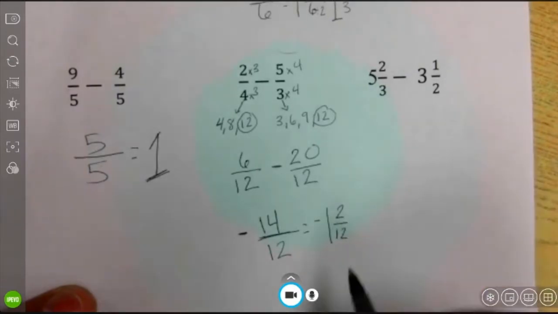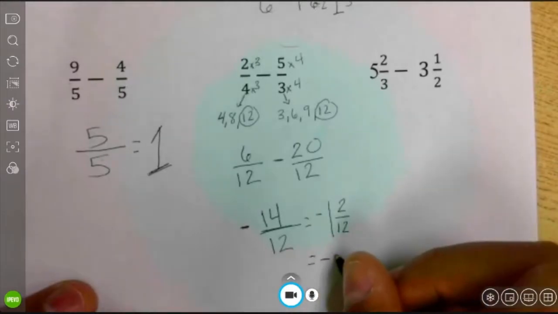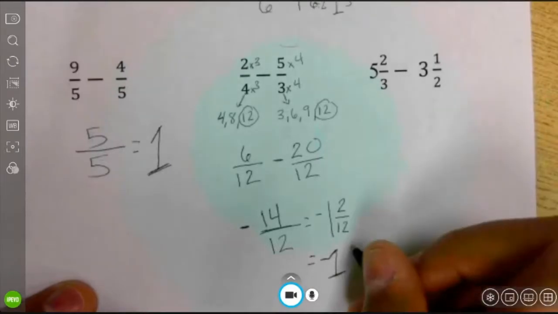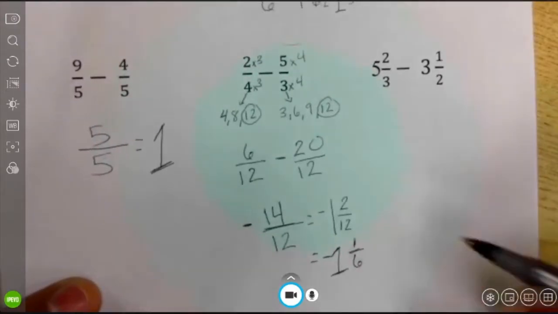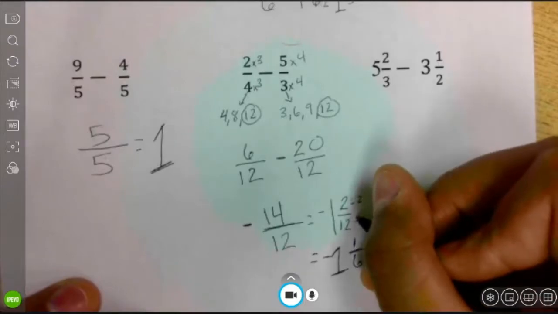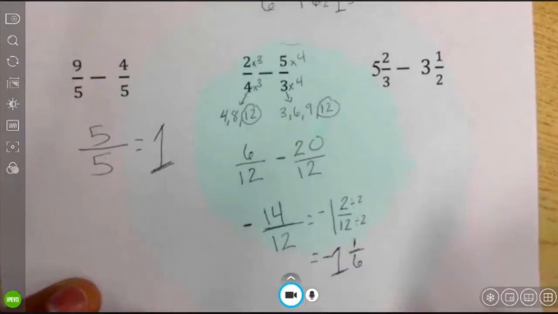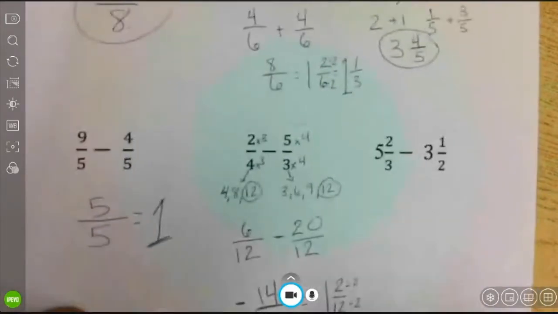We can simplify this number so it can equal -1, 1 over 6, because the number they both have in common is 2. We divided the numerator and denominator by 2. All right, so my answer will be -1, 1 over 6.